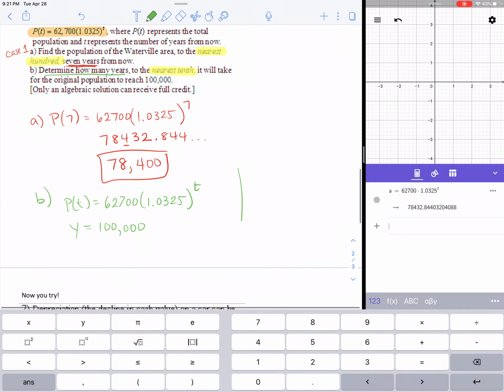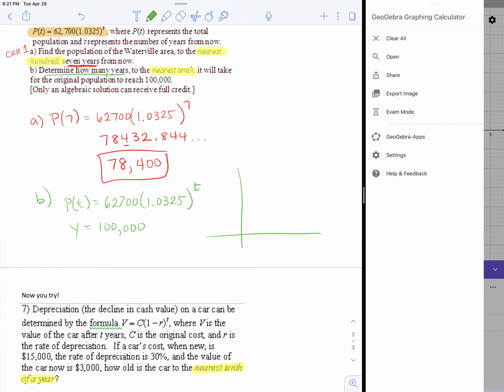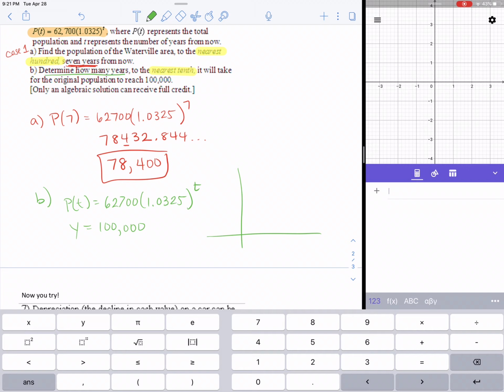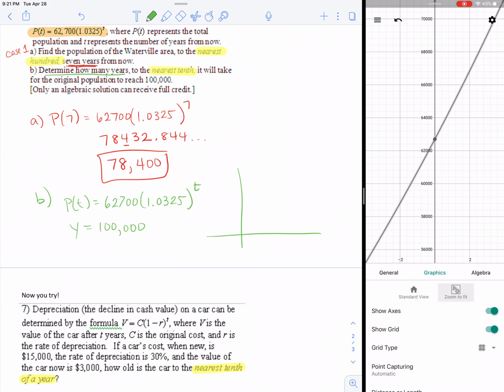I could put a little sketch of the graph, clearing it out. 62,700 times 1.0325, and then we're going to put an exponent of x. Okay, that's in terms of x. I could zoom to fit just to look at that graph.